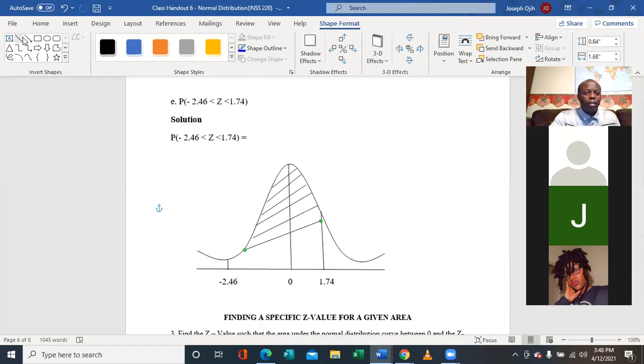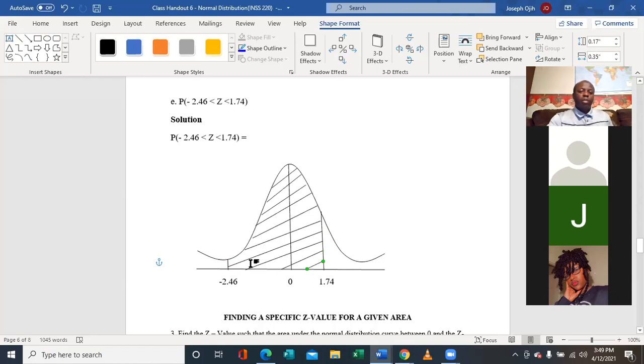Okay. Now we can shade this, and that's one here. And the last shade will be here.